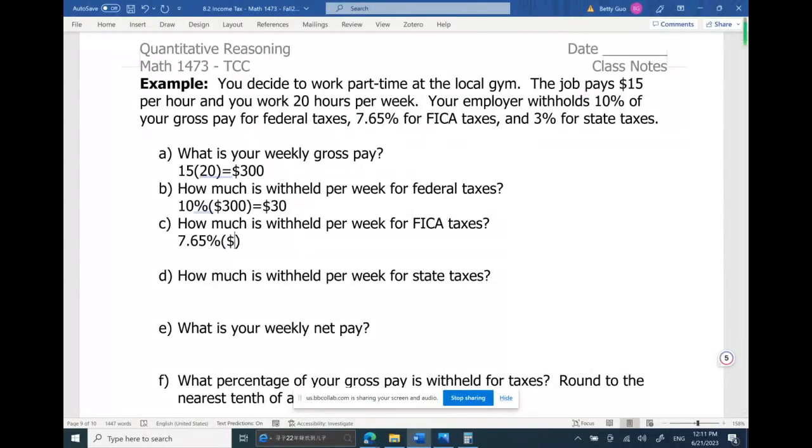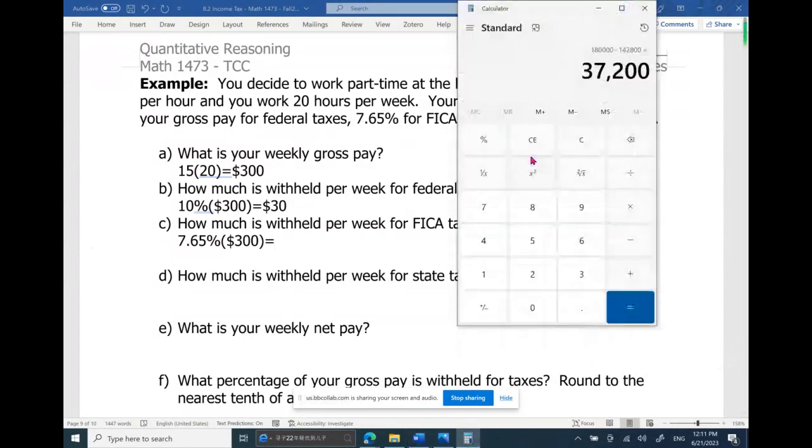So let's do the calculation here. 7.65% is 0.0765. Multiply that by 300.